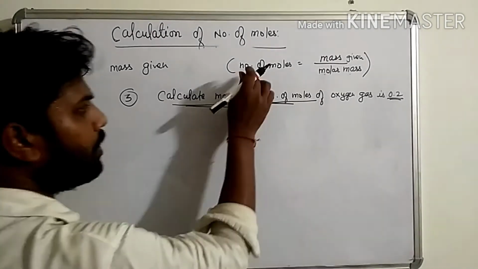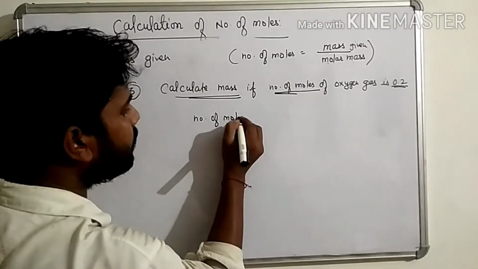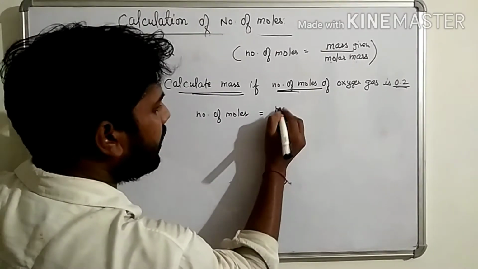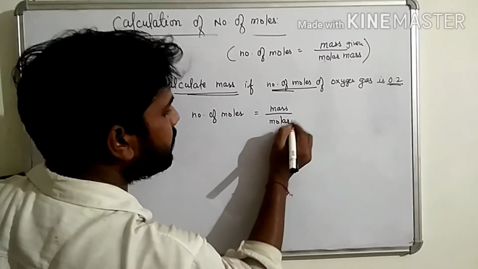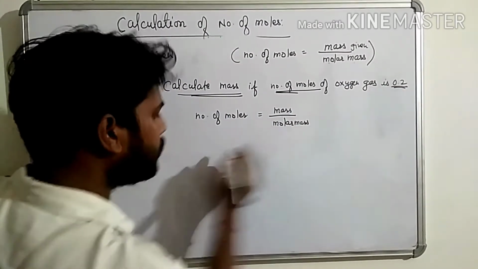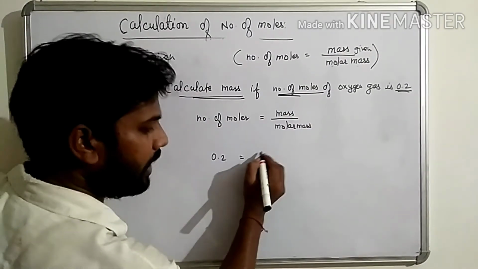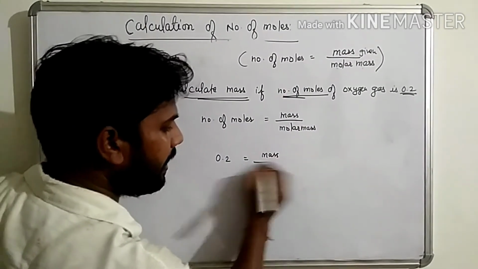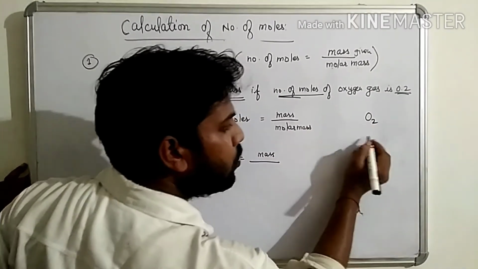Number of moles is equal to mass upon molar mass. Number of moles is 0.2, mass we have to calculate, and molar mass, there is oxygen gas O2.